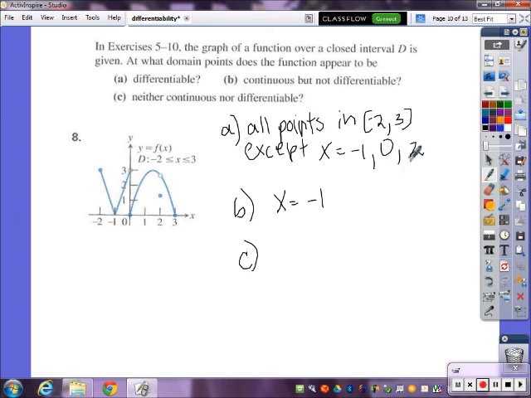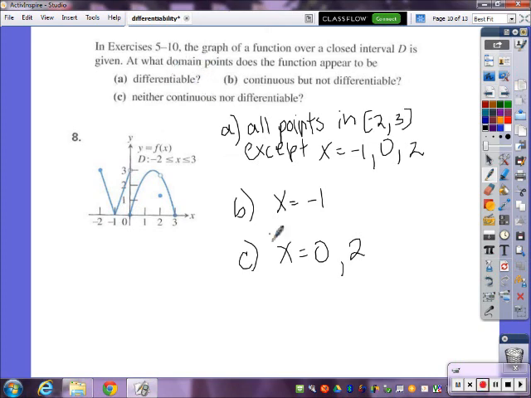We already established that. And because there's a jump or a point missing or dropped, however you want to phrase that, those would be discontinuous as well. So at x equals 0 and at x equals 2. So here we can see that even though differentiability implies continuity, the reverse is not true.